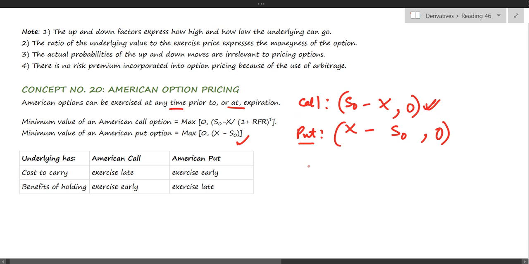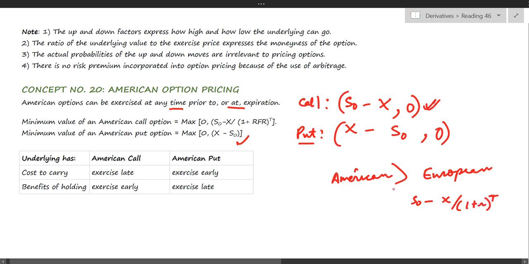That means the value of an American option has to be higher than the value of a European option. But while discussing the minimum value of a European call option, we saw that the minimum value is given by this equation.